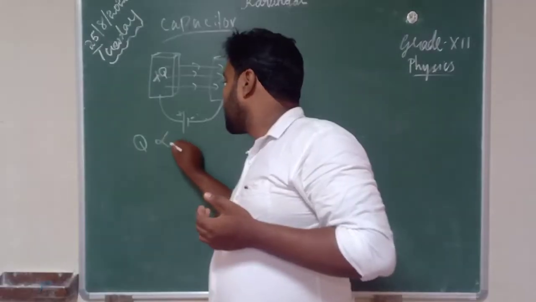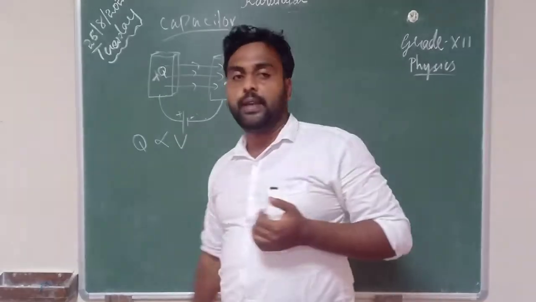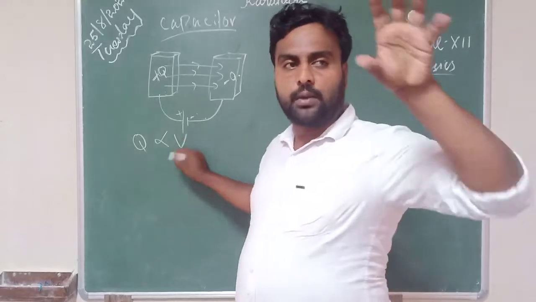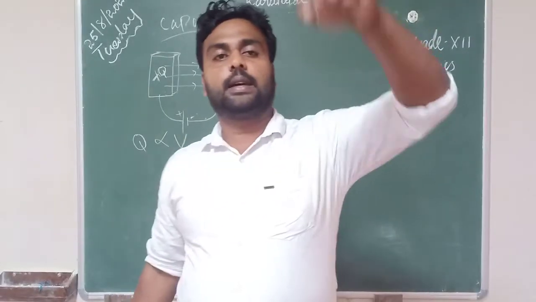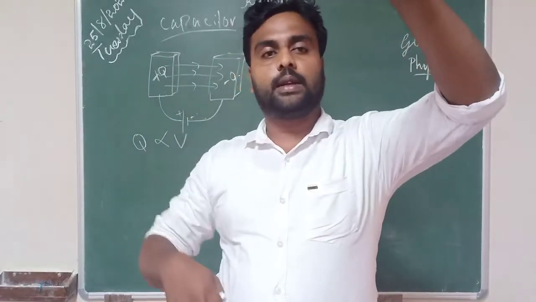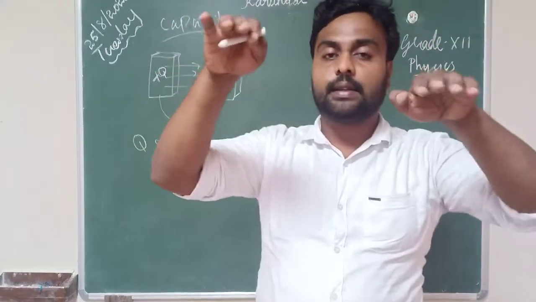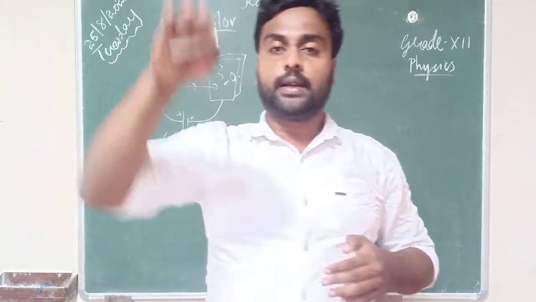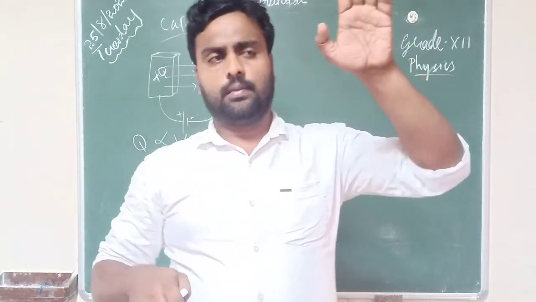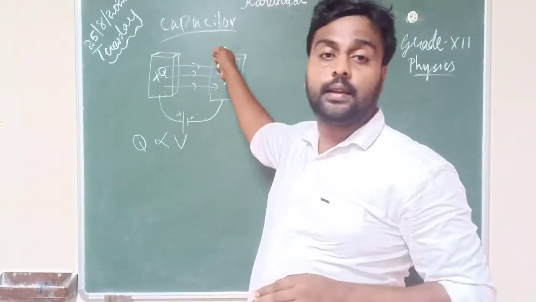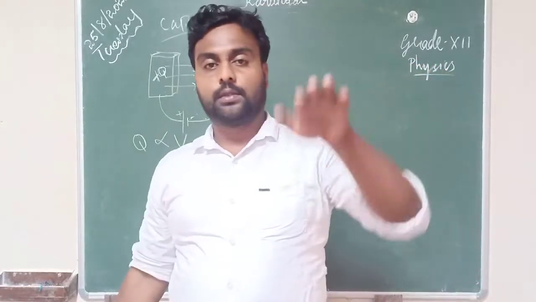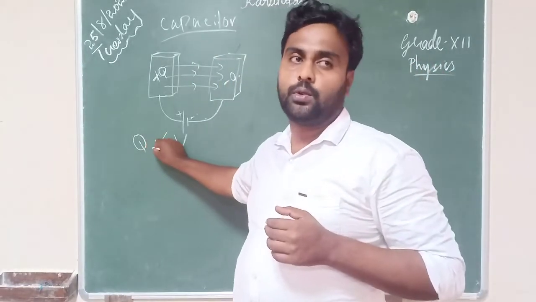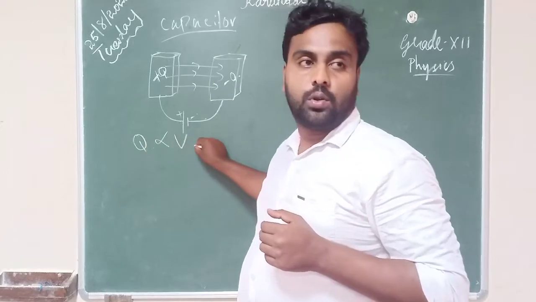Q is proportional to battery voltage V. What does that mean? If the battery voltage increases, the charge inside the capacitor plate also increases. If the battery voltage decreases, the charge in the capacitor plate also decreases. So we can write the relation Q is directly proportional to V.